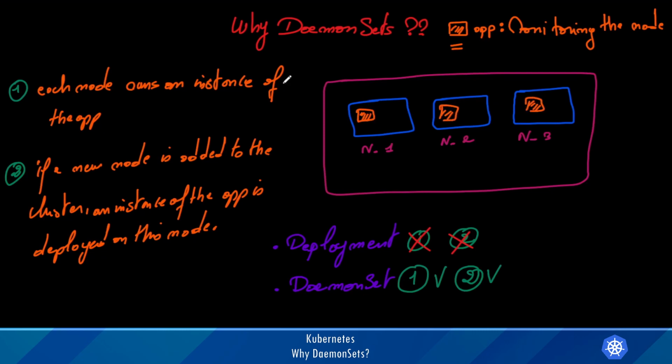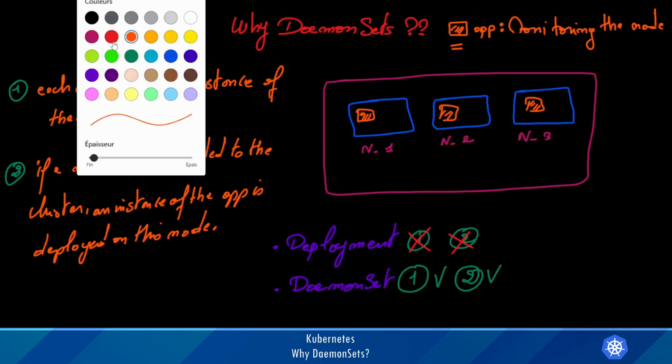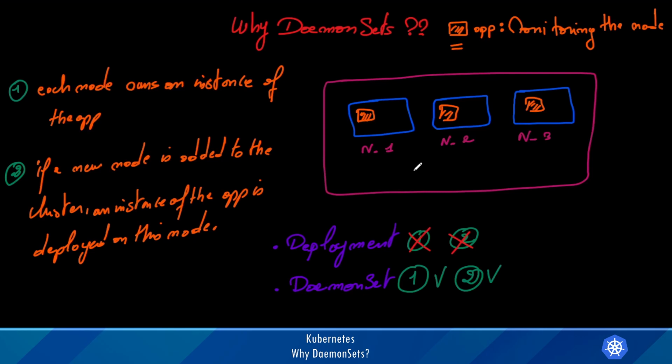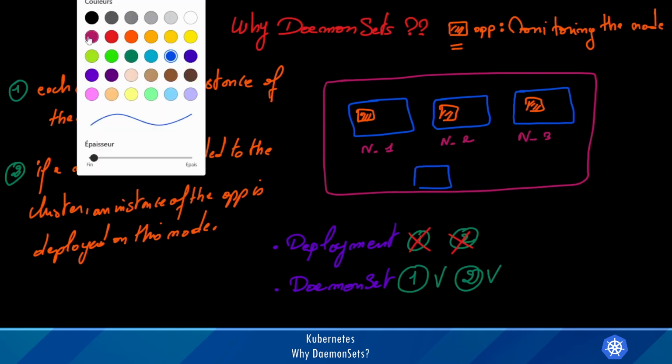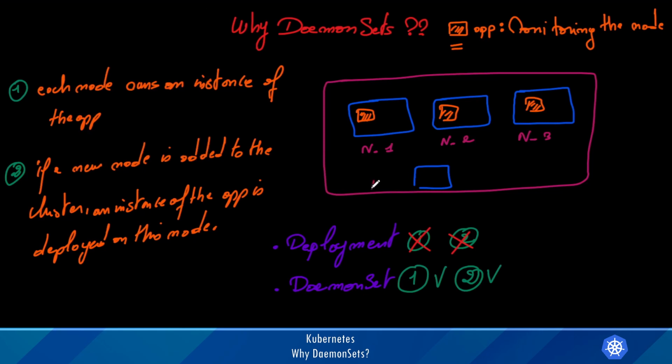And we can also make sure that if a new node is added to the cluster, so let's say that here we have added a new node to the cluster, this is the 4th node, the DaemonSet will detect this new node and it will deploy an instance of this app on this node.